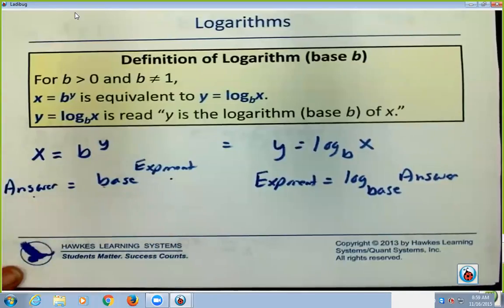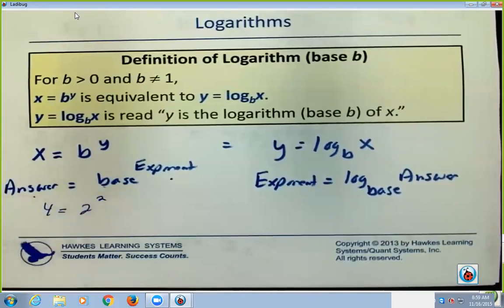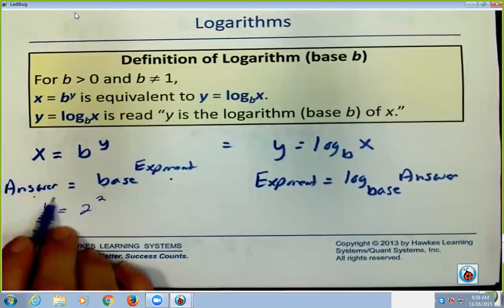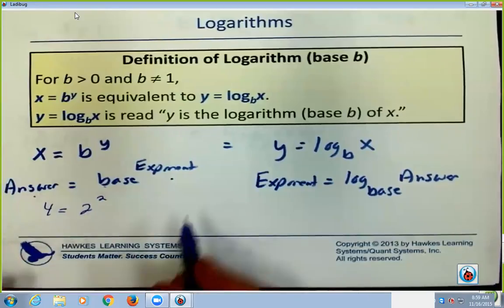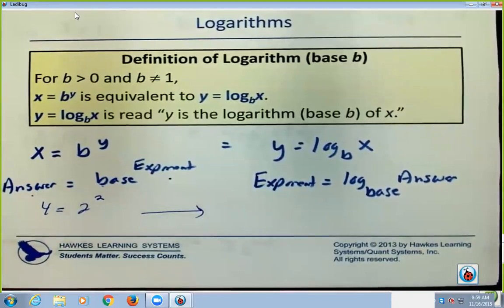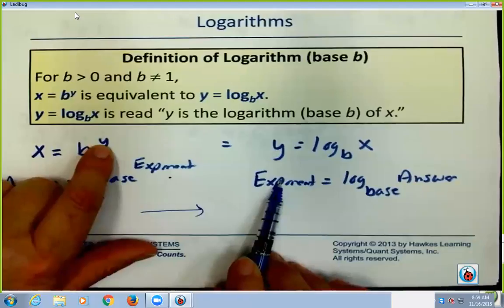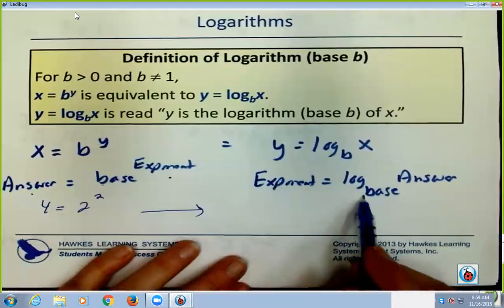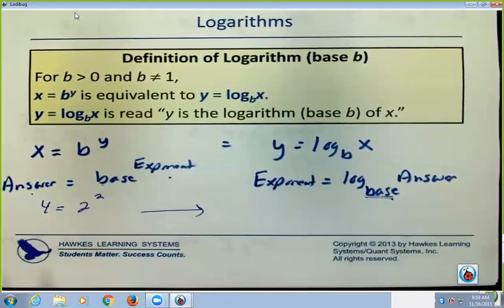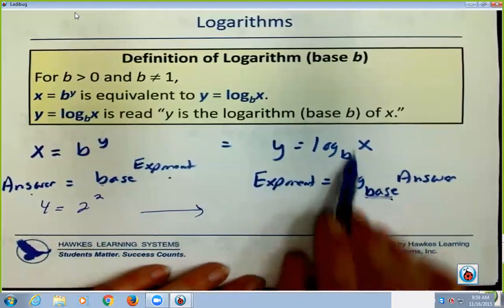Okay, so if we had something like 4 equals 2 to the second power, we're saying 4 is my answer, 2 is my base, and 2 is my exponent. If I want to turn that into logarithmic format, I still pay attention to what my letters are. y is my exponent, log is log, b is the base, and that's a little subscript, a little number that comes below log, and then your answer is what you have at the tail end.